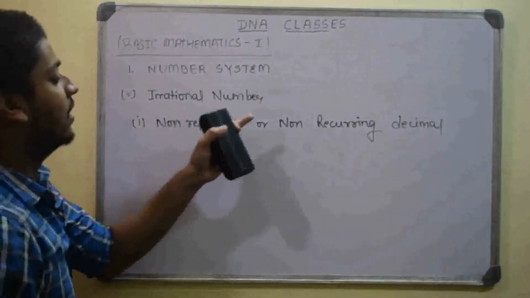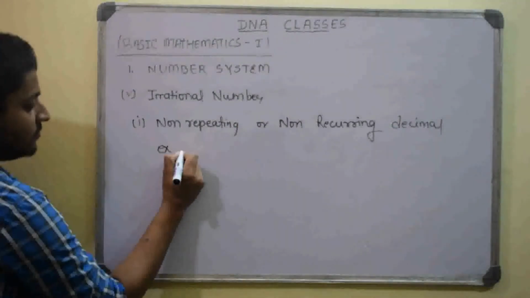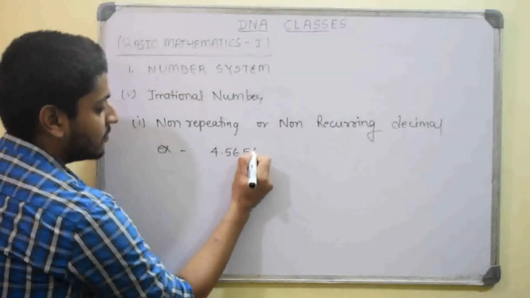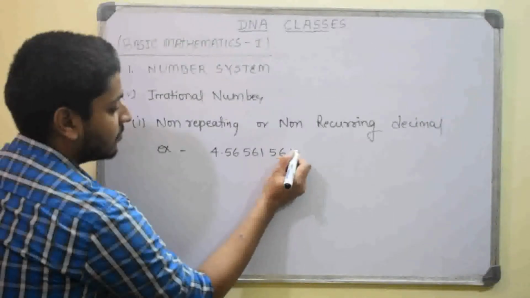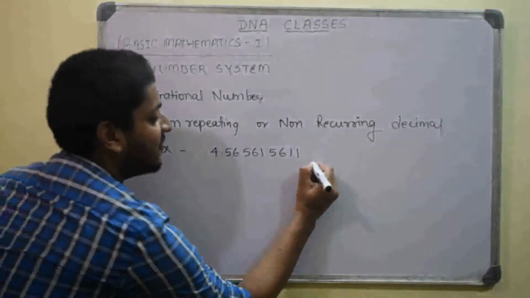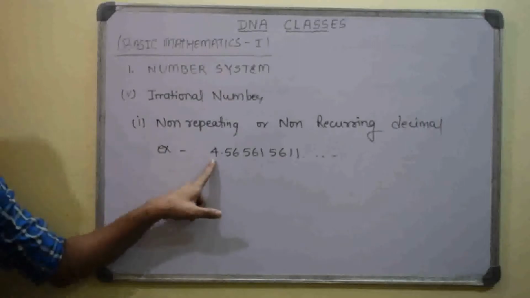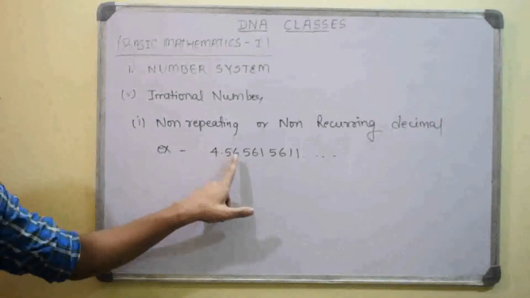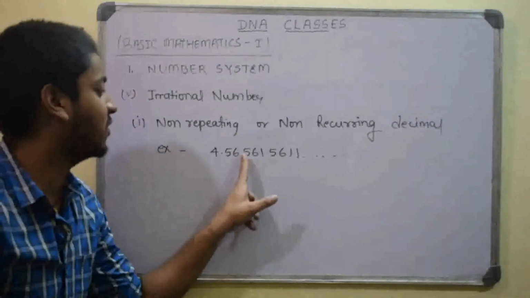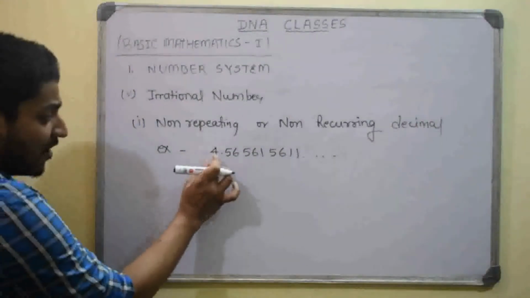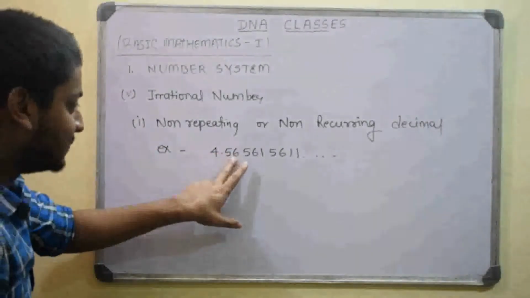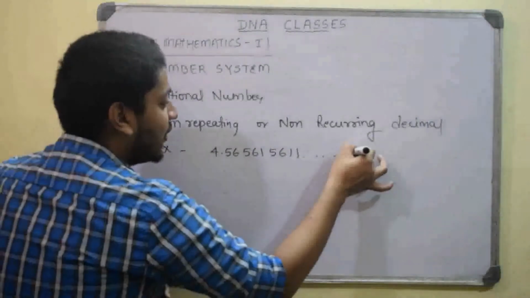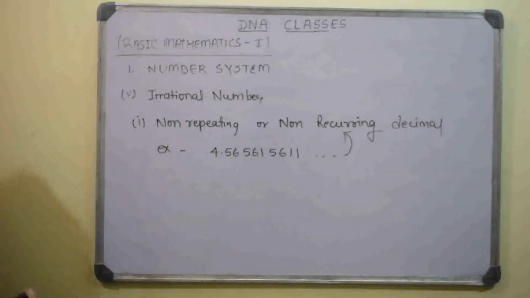If we look at the example, 5-6 is getting repeated in the earlier one, but here after the decimal this part is not repeating, so we call this decimal a non-repeating or non-recurring decimal.